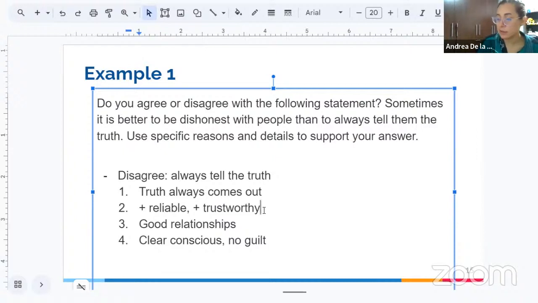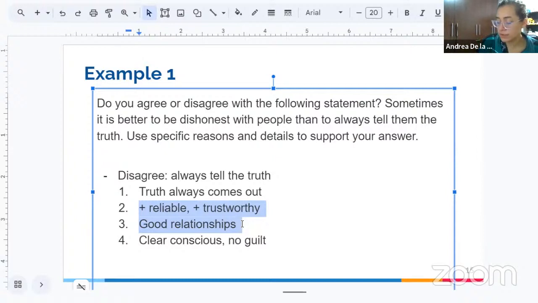So it's related to relationships, right? So let's say that you choose to write about these two reasons, so reasons 2 and 3. What will happen is you will end up being very redundant, and you will be writing about the same thing at the end of the day. It'll be hard to come up with evidence, and examples, and details.